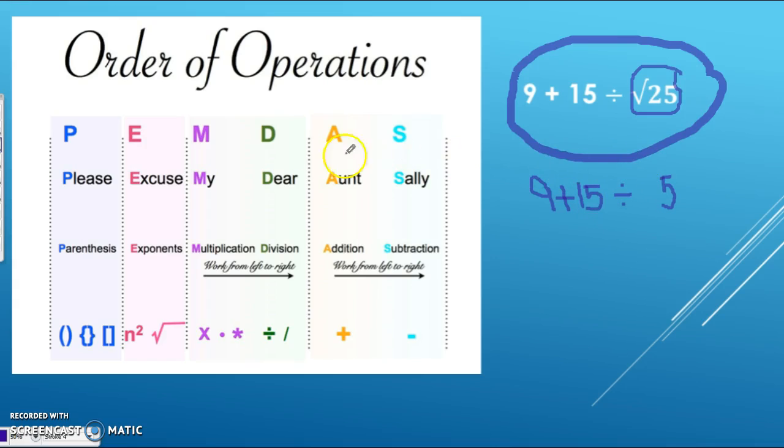Now we're going to do any multiplication or division from left to right. The division problem is this piece right here. 15 divided by 5 is 3. So this is 9 plus 3 now. And then finally we do the addition and subtraction. 9 plus 3 is 12. So our final answer is 12.